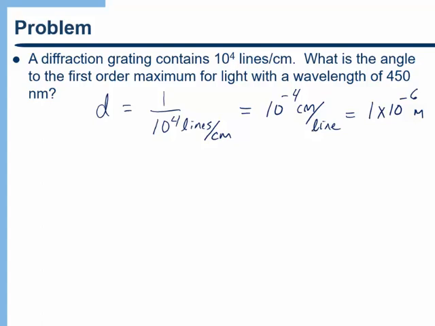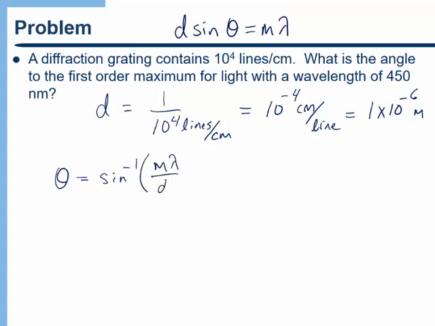And now what we want to do is just take the formula. Remember, it's the same as the double slit interference formula, nothing different about it. And we want to solve that for theta. So theta is going to be the inverse sine of m lambda over d. Now we want the first order maximum, so m is equal to 1.